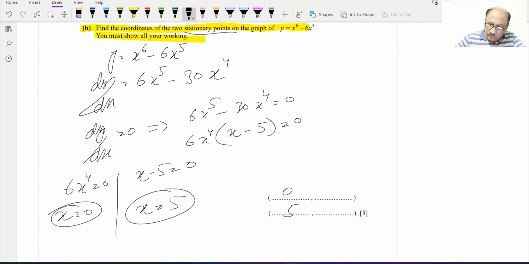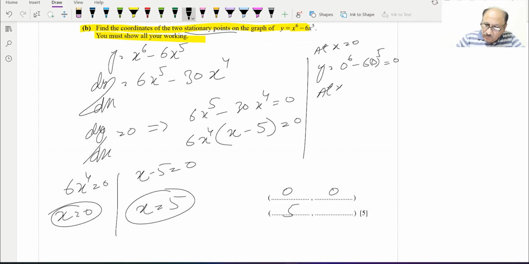Now y will be what? At x is equal to 0, y will be equal to 0 raised to 6 minus 6 into 0 raised to 5, and this will be equal to 0. So the point is 0, 0.